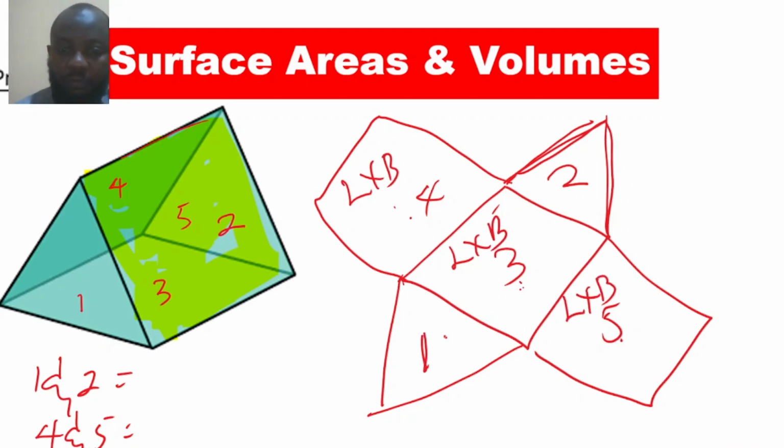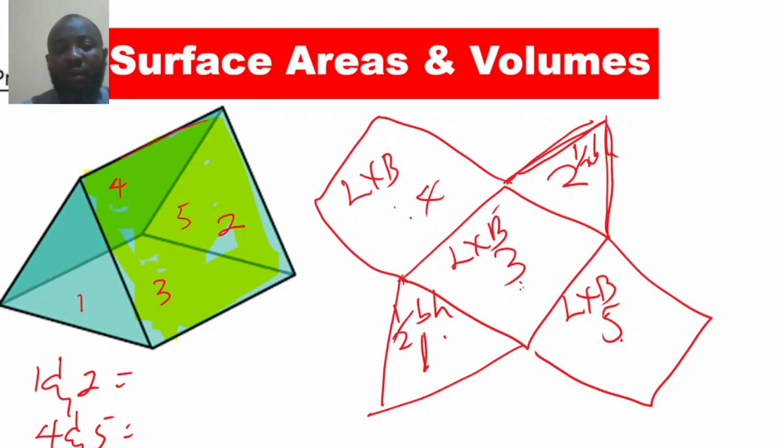Then the area of the triangle here, which is what? Half base times height. Here also is half base times height, depending on the type of triangle given there, that will determine how that one will look. So if they ask you to find the surface area of this prism here, you know what to do.